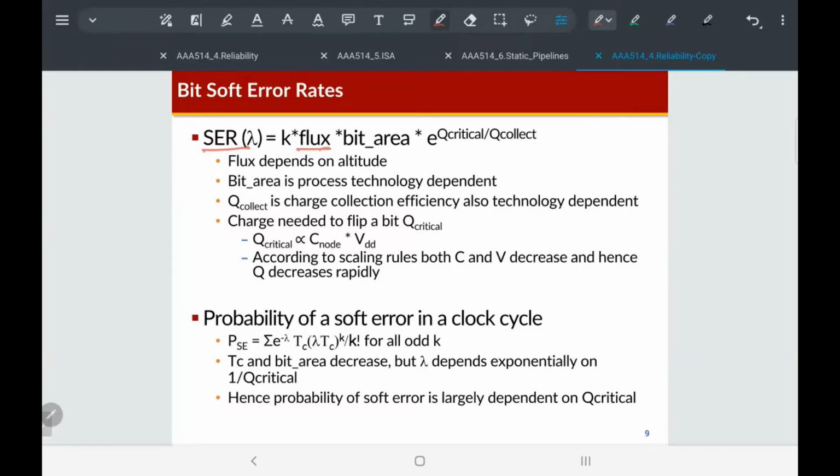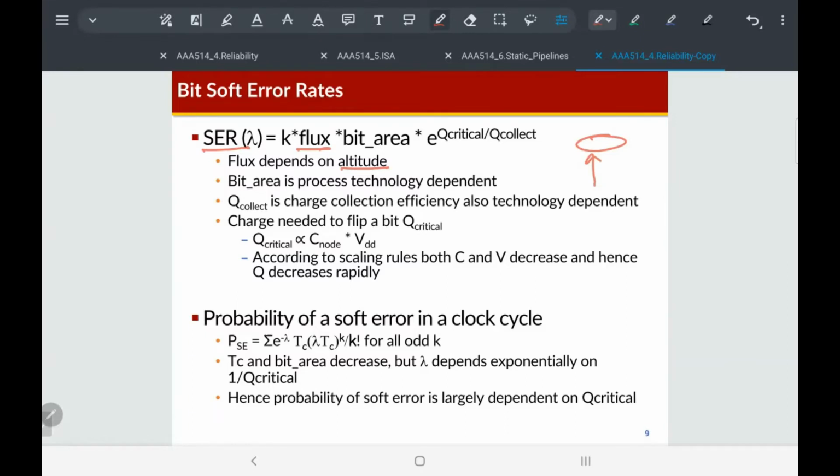Because this soft error rate is influenced by radiation from space, that means if our devices are at high altitude, they will be exposed to more radiation from space. So that's why the flux depends on altitude, which means more soft errors can happen at high altitude.